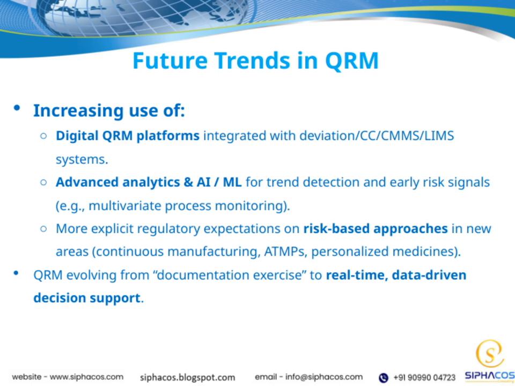Finally, QRM is shifting from being just a documentation exercise to a real-time, data-driven decision support system. This evolution empowers us to respond faster and more accurately, ultimately strengthening our overall quality management and patient safety. This trajectory aligns perfectly with the overall theme of continuously improving our quality systems through innovation and smart technology.